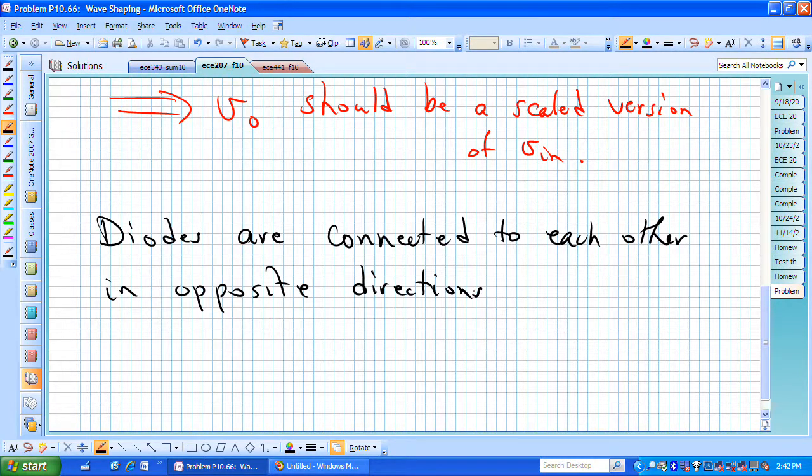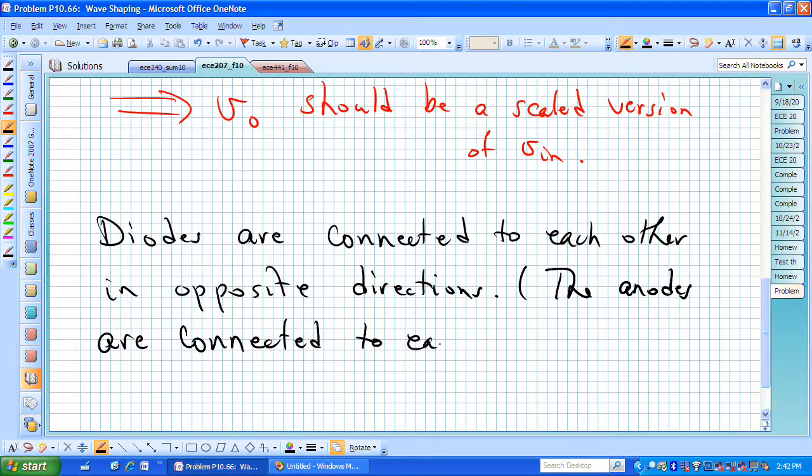It's not anode to cathode that we're seeing. The anodes of both diodes are connected to each other.